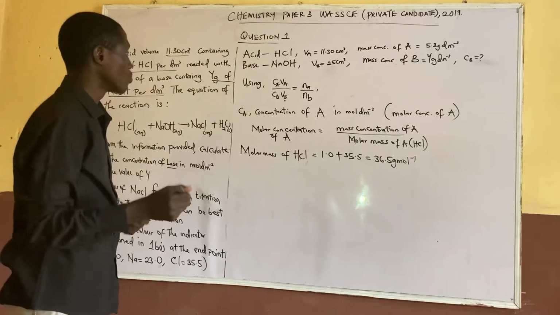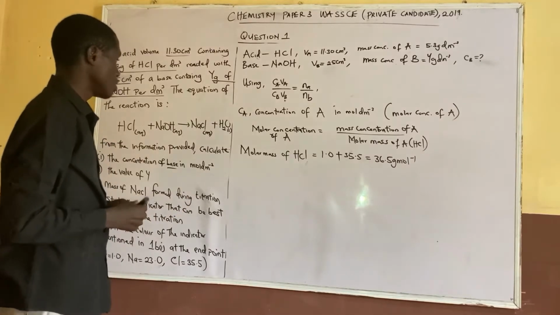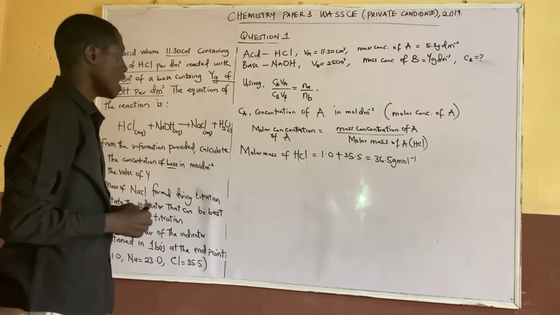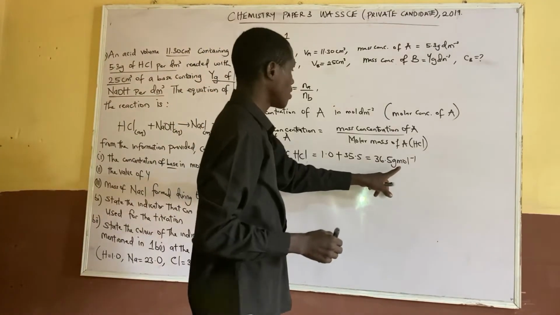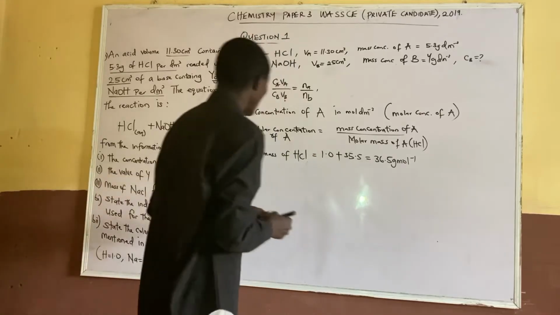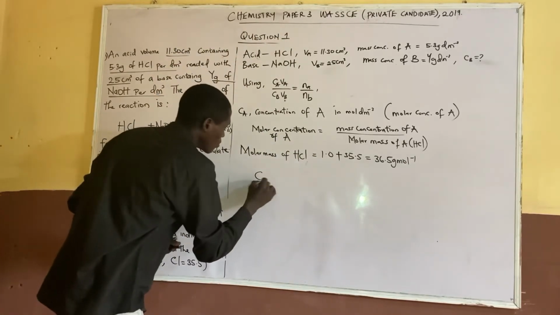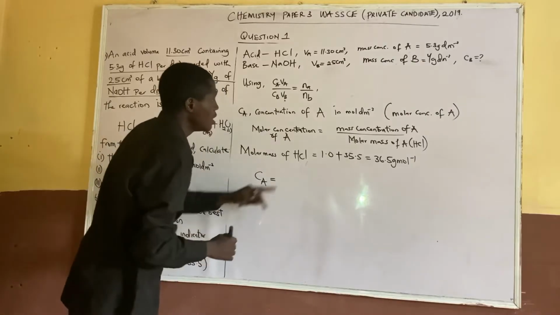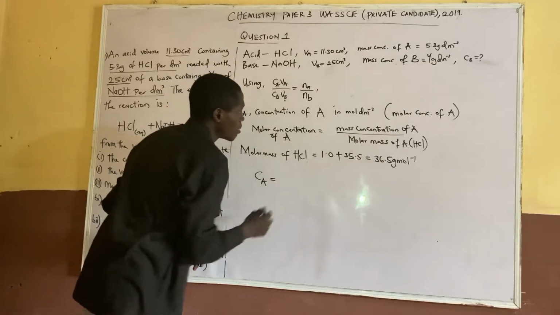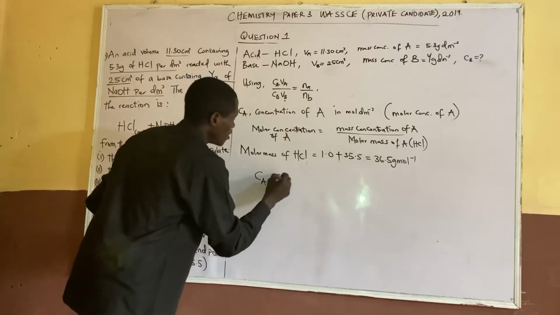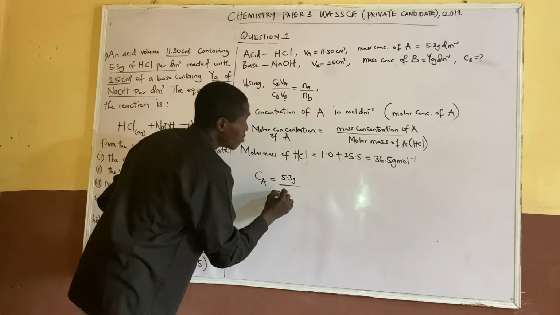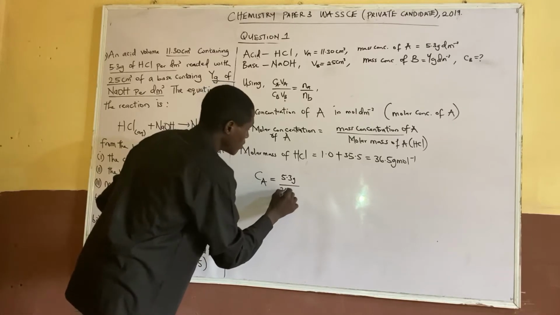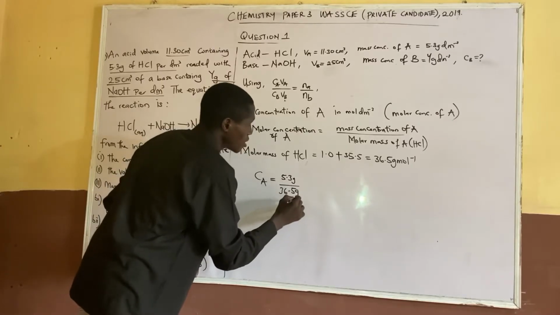Since we've gotten our molar mass of A, which is HCl, as 36.5 gram per mole, the molar concentration, which is CA, is given as mass concentration, 5.3 gram over 36.5 gram per mole.